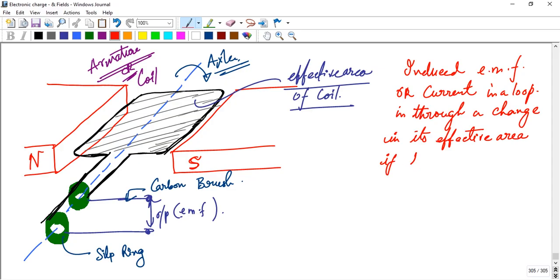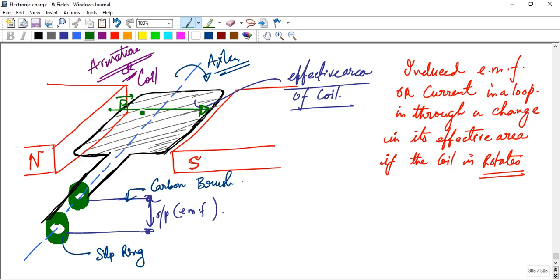If the coil is rotated, the effective area obviously changes. Effective area means the magnetic field crossing that area. See that these are the magnetic field lines crossing the effective area.